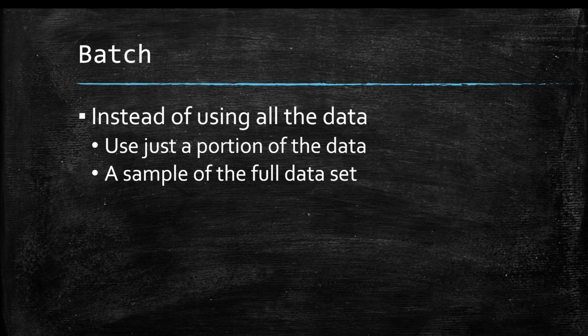So we take 32, and then after those 32, we adjust all of the weight values. This ends up giving us more adjustment time for every one of our epochs.